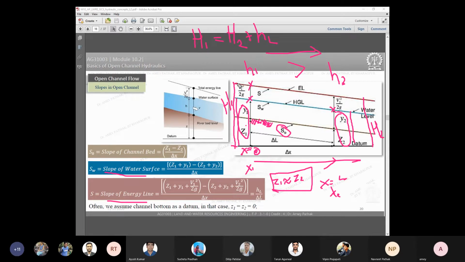You can see between this point and this point, this is your head loss. So these are the general concepts. The flow which is happening here is basically governed by the slope of the water surface.